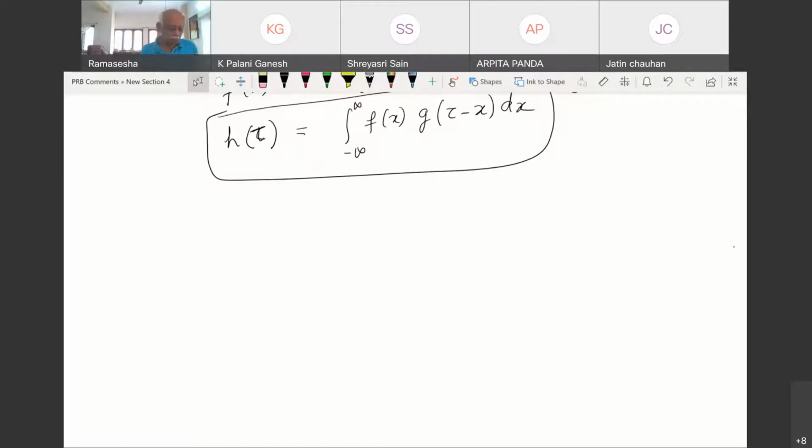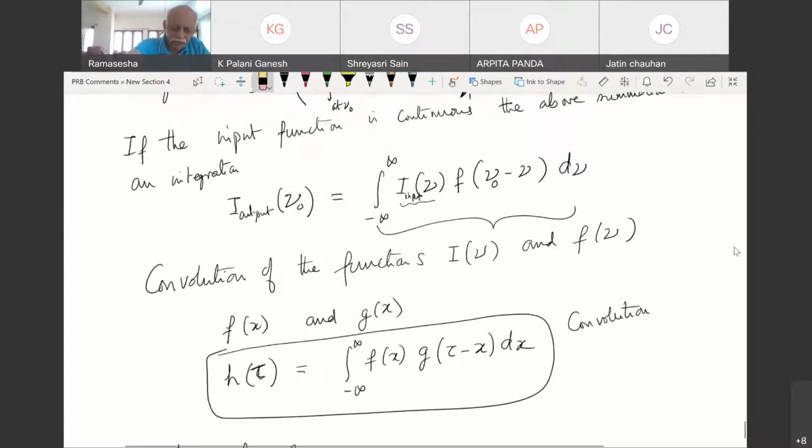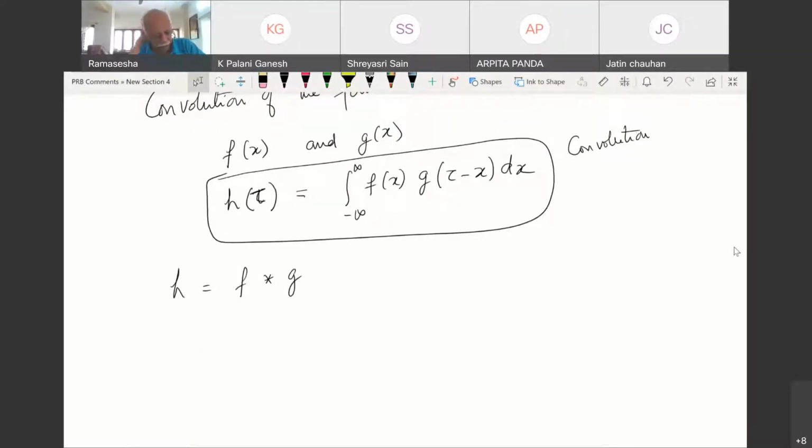Okay. Now, you are integrating over x of f of x g of tau minus x dx. Okay. Now let us see why this concept is important, in the context of this.